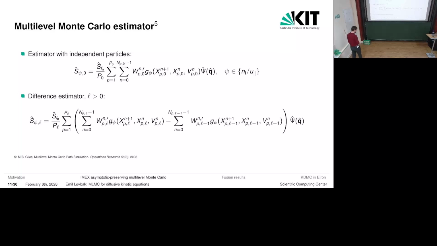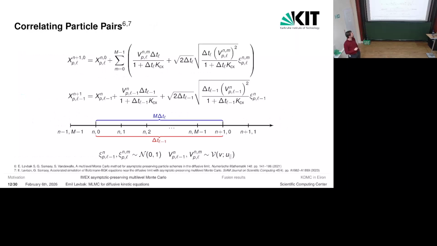What we're going to do is try to make the trajectories that go through space follow the same random walk somehow, and get correlation that way. And you do a pairwise comparison for each pair of trajectories, with one following large time steps and the other following small time steps. How do you do that?